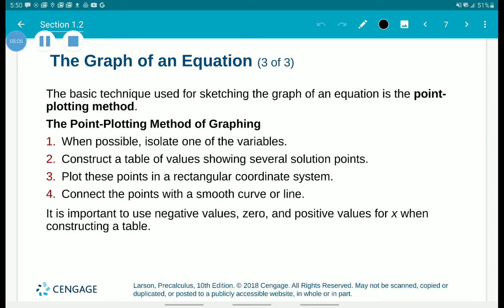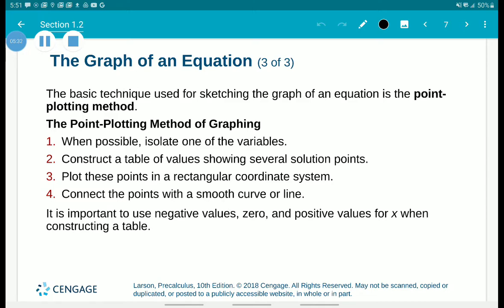And that just makes it easy to plug in a whole bunch of values and get out the other values, which makes it easy to find ordered pairs. And we can organize all that information into a table, and then we can take those points, put them on the rectangular coordinate system, and draw a picture of what we have.